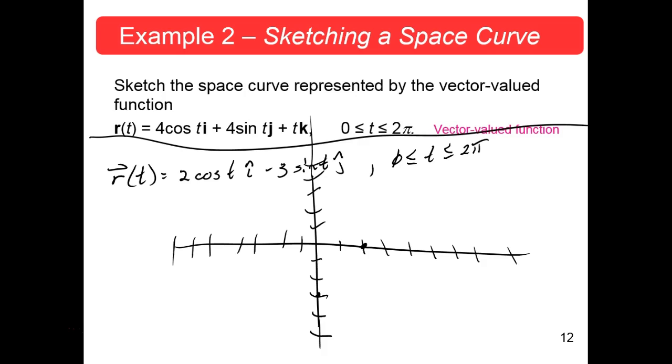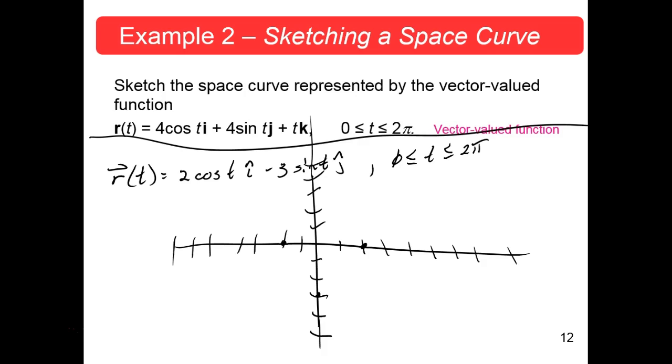Okay, let's do pi. Cosine of pi is what? So the i component would be a minus 2 here. And how about the sine? 0. So that's going to be there. That was pi. Let's do 3/2 pi.